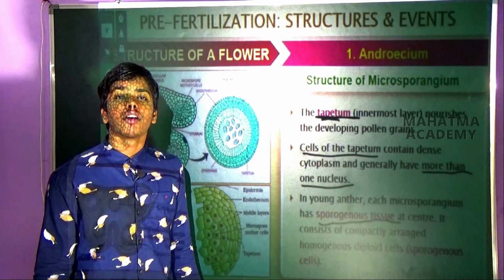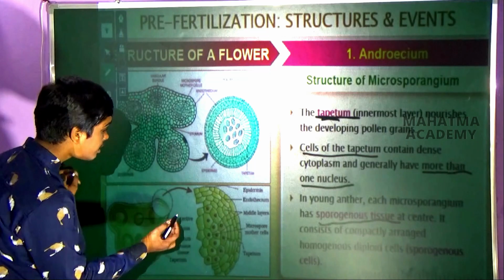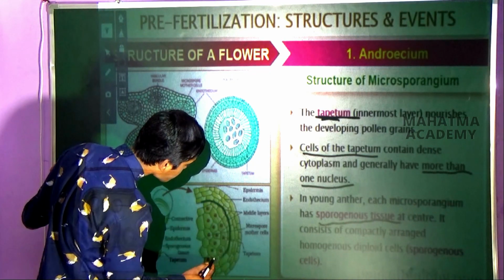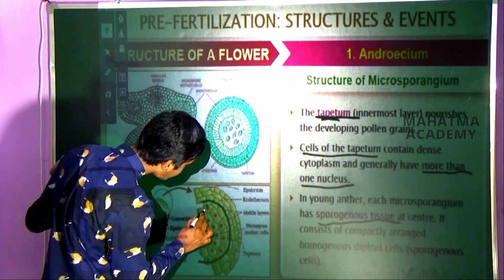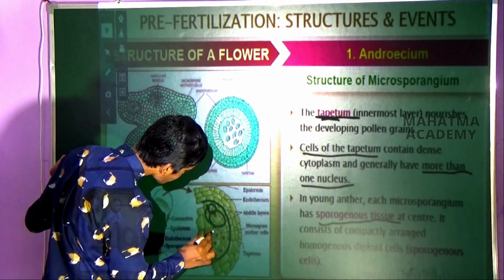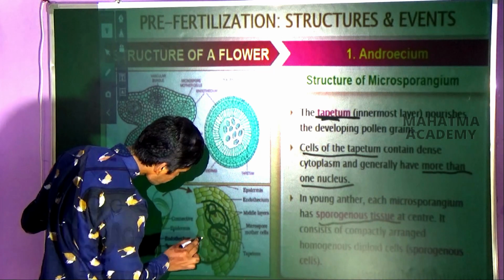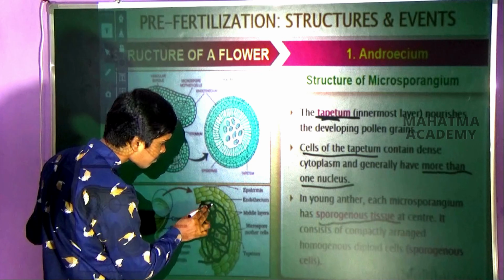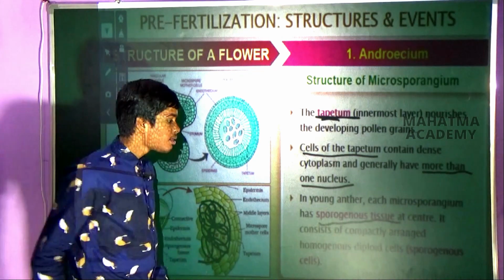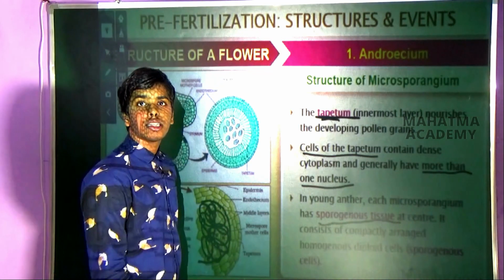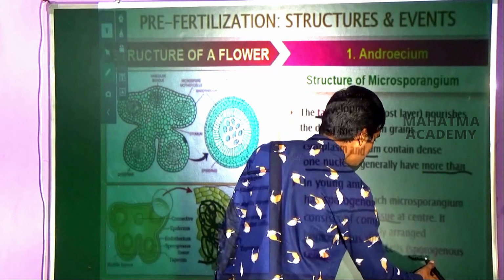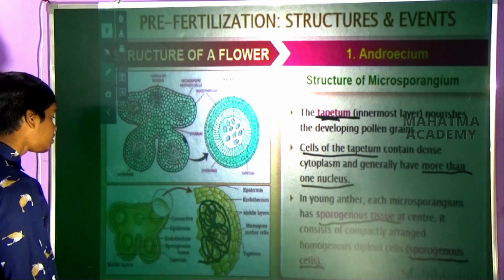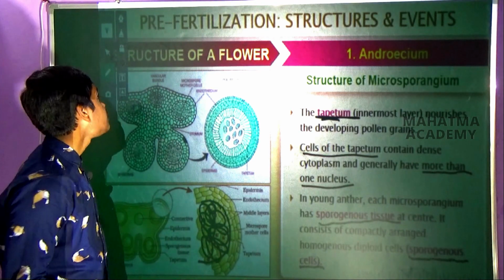Look here, this is the sporogenous tissue, compactly arranged cells, like this. And the cells are known as sporogenous cells, not tissues. Okay, now we will see the next page.